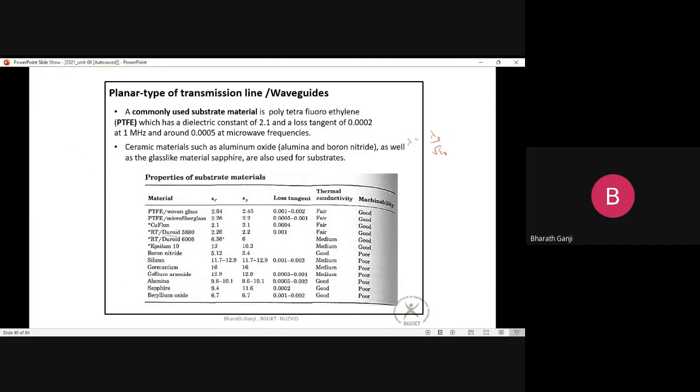FR4 substrate with epsilon r equal to 4.4 is the most common one used in the design of antennas, and it is a cheap one. You can easily buy it even on Amazon. So you can buy these planar substrates and design your PCB or your antenna on these circuits and you can check them also. Okay, right. So this is about planar transmission lines.